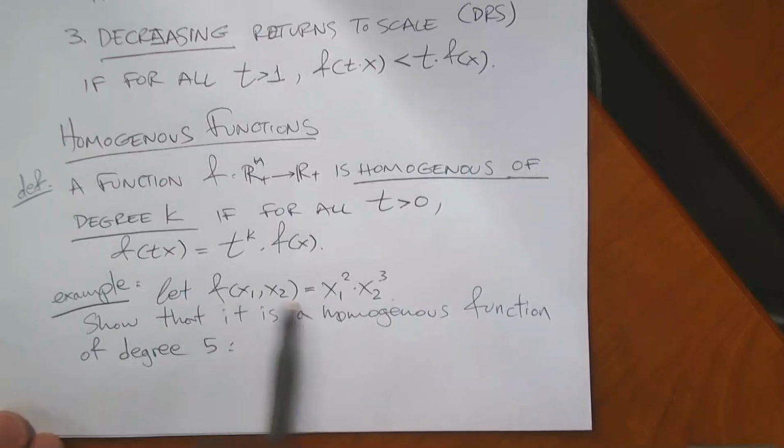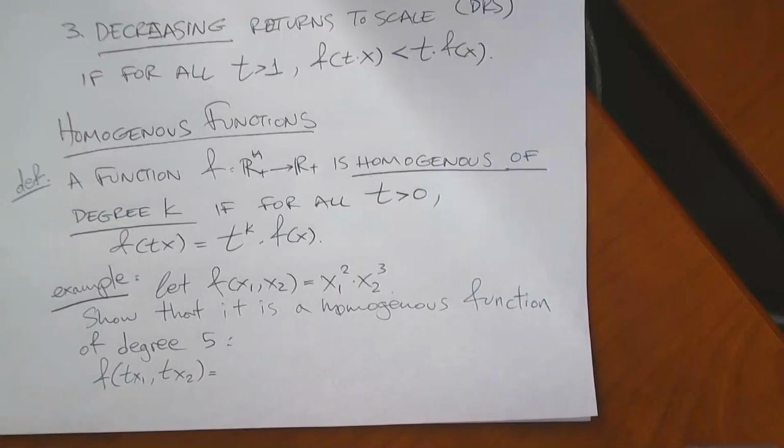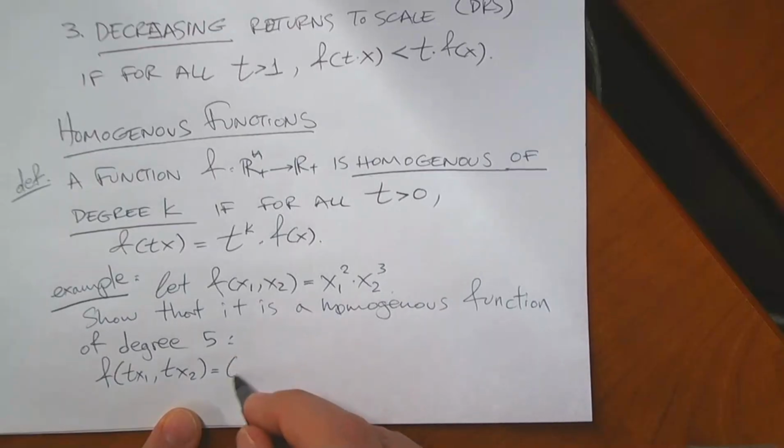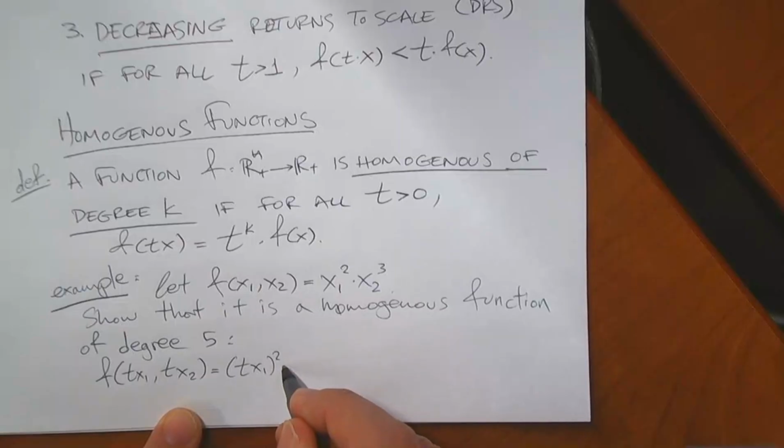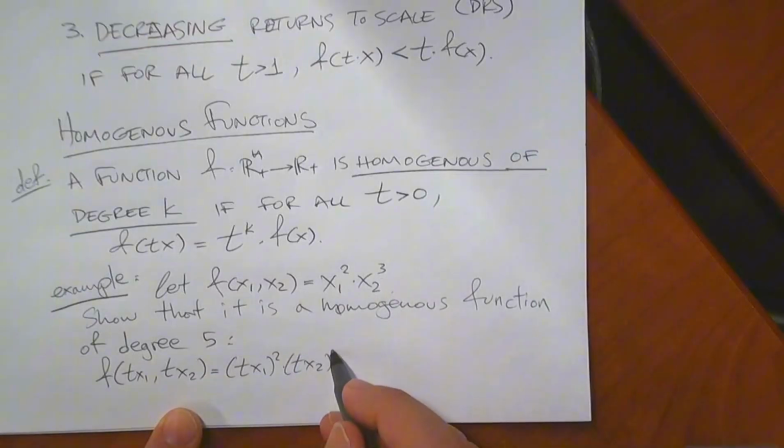How would we write this? tx1 and tx2. And that means that when you transfer that t into the functional form, what happens? Parentheses tx1 squared times parentheses tx2, not squared, sorry, to the power of 3.